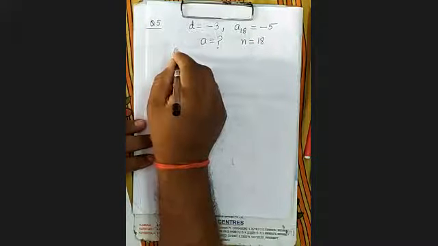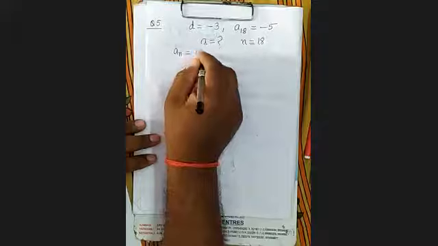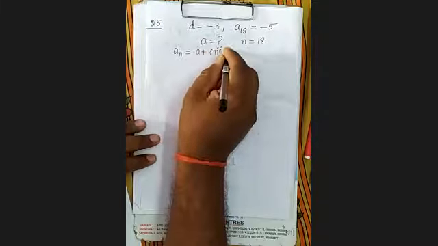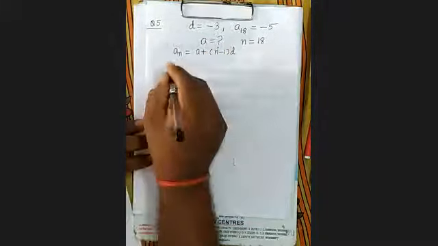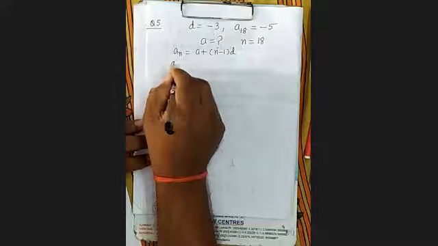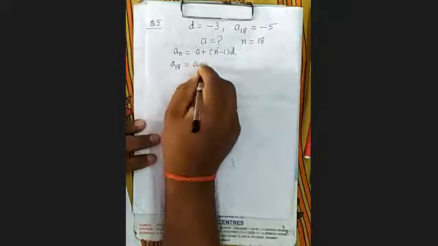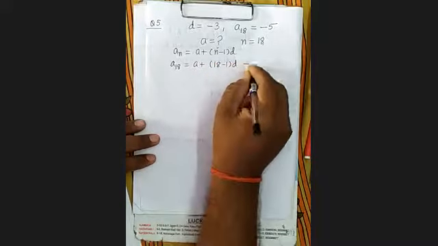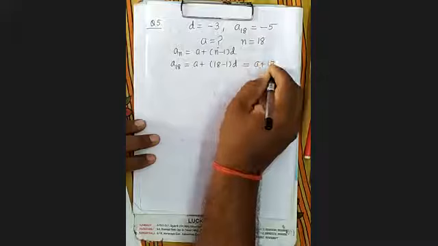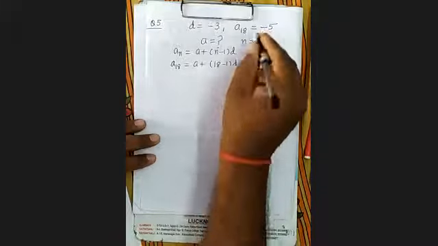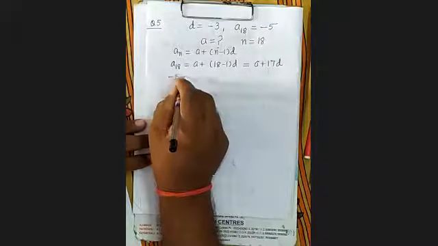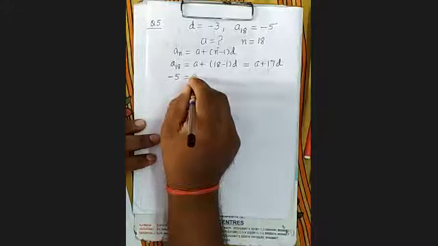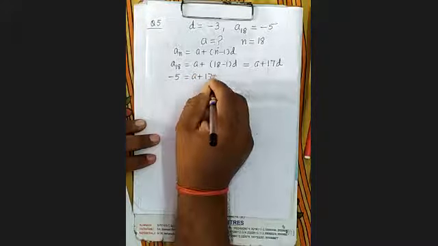Now as we know that An equals A plus (n minus 1) into D. So A18 will be equal to what? A plus (18 minus 1) into D, that is equal to A plus 17D. Now you substitute the value. A18 is minus 5 equals A plus 17, D is how much?